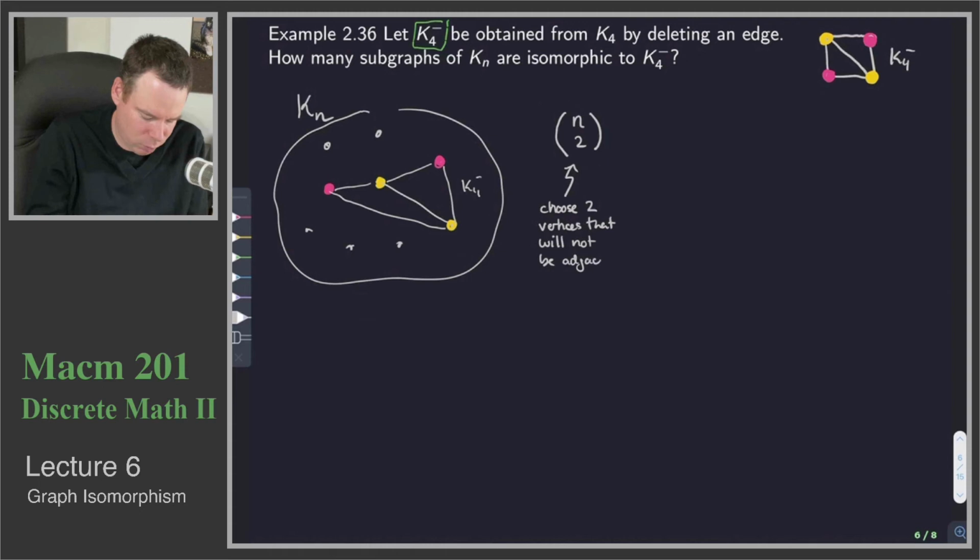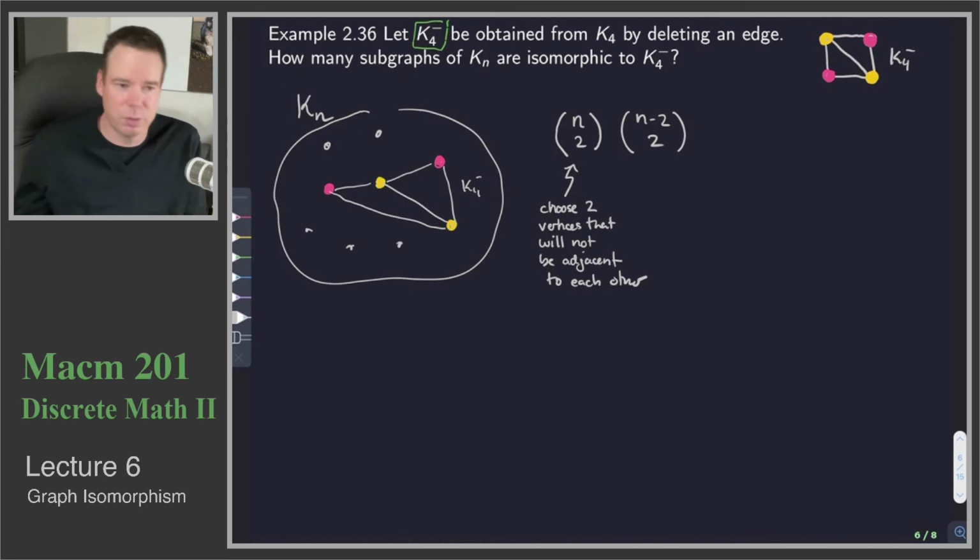That's the edge removal part. And then after those are chosen, we've got n minus 2 left, and we're going to choose 2 of those. And that's going to be sufficient to select 4 vertices where there's going to be an edge removal between them. And so this is our number of choices.